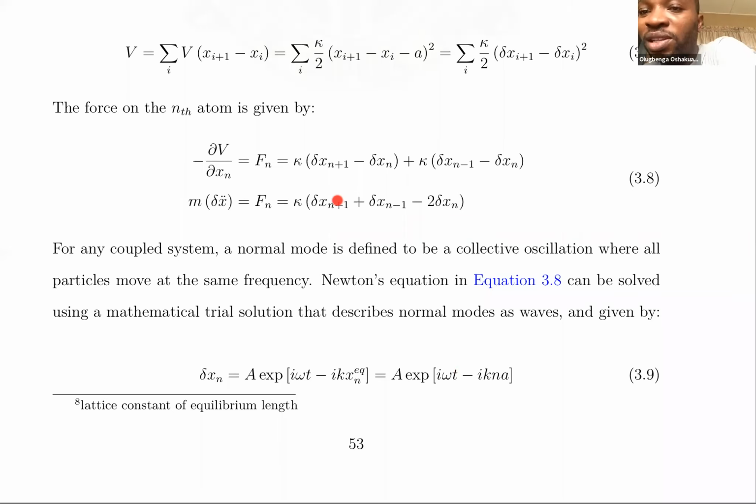Wherever you have delta x n, just like you have here, it will just come in here straight away and just have it multiplied by 2. And wherever you have delta x subscript n minus 1, you would have to put in this same expression, but instead of just n, wherever you have n, you replace with n minus 1.